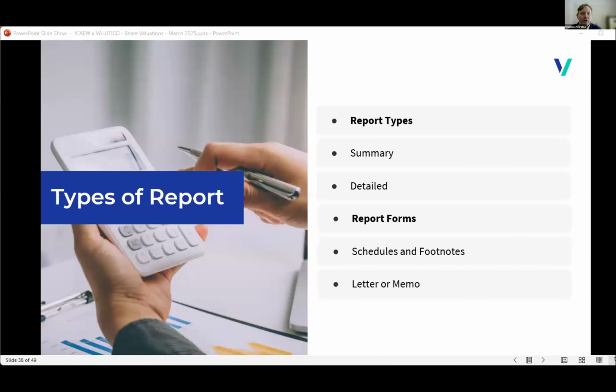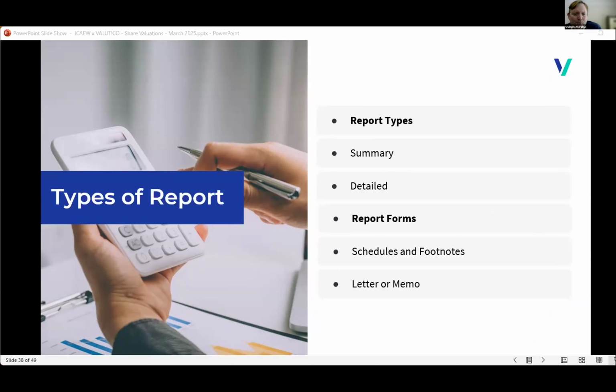Looking very briefly at report types then. So the final valuation reports will vary depending on purpose, level of detail and regulatory needs. And typically there are two main types of valuation reports. So there's summary level reports, which give a high level overview for internal use or preliminary assessments.